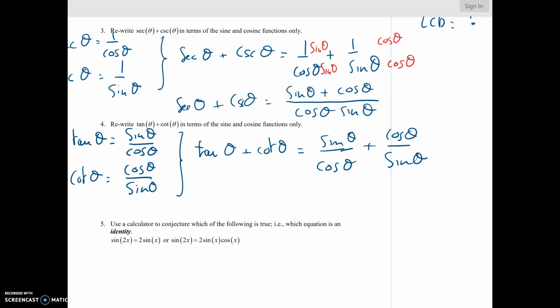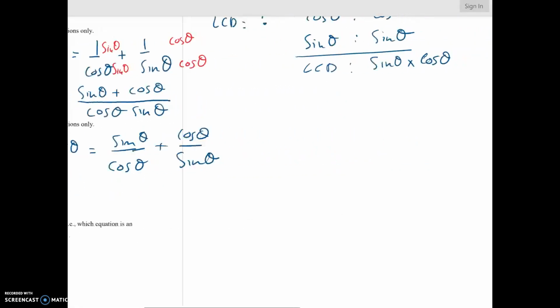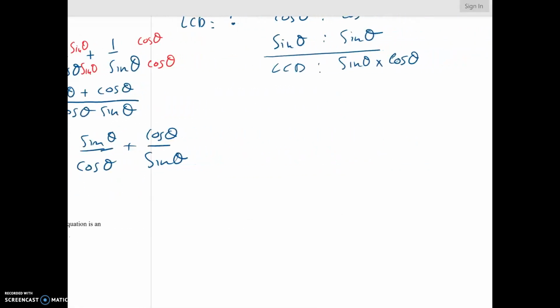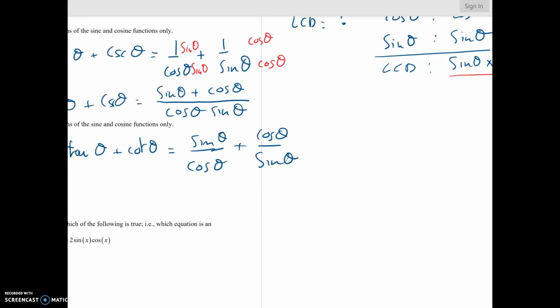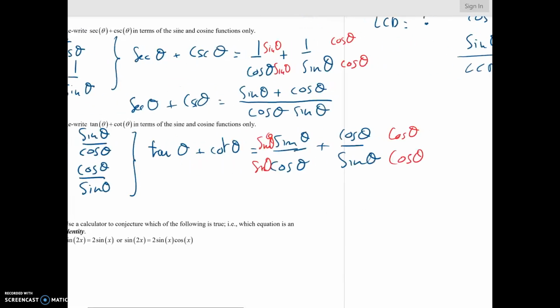You don't have the same denominator. You are supposed to find the LCD. The LCD is going to be exactly the same as previously. The LCD is going to be sine theta cosine theta, which means I need to multiply by sine theta this one, top and bottom, and I need to multiply by cosine theta this fraction, top and bottom.